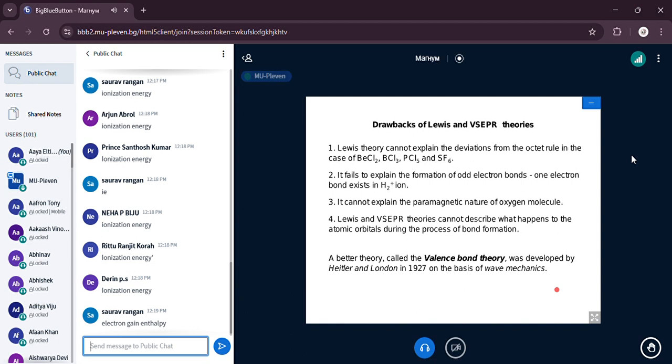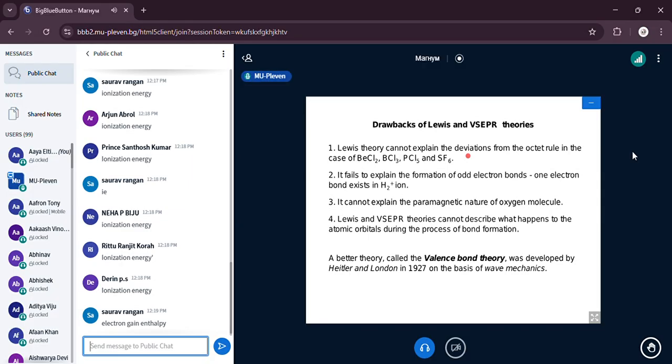First, this theory cannot explain deviations from the octet rule for molecules like beryllium dichloride, boron trichloride. Around boron there are 6 electrons, not 8. Phosphorus pentachloride: around phosphorus there are 10 electrons, not 8. Or even in sulfur hexafluoride, around sulfur, there are 12 electrons, not 8.